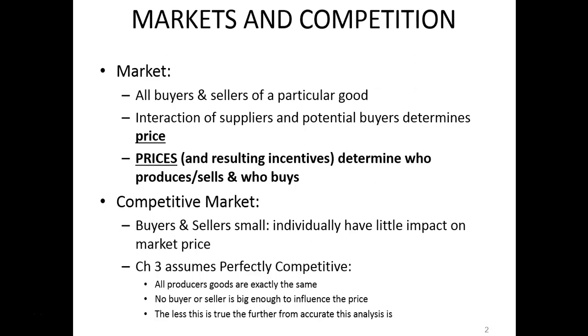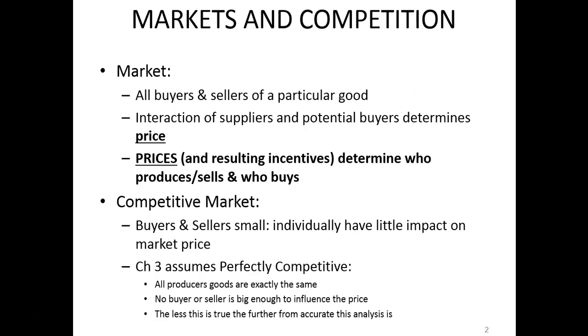Apple has a lot of influence over the price of smartphones, for example. So the more that it is true that the products are very similar, where consumers don't have preferences, and there are very many sellers and buyers, neither of those parties impacts the price independently.